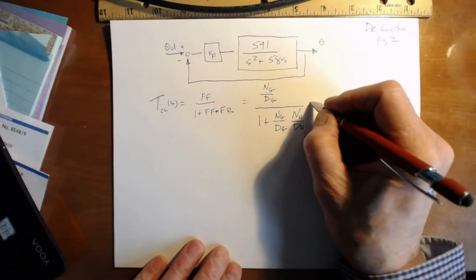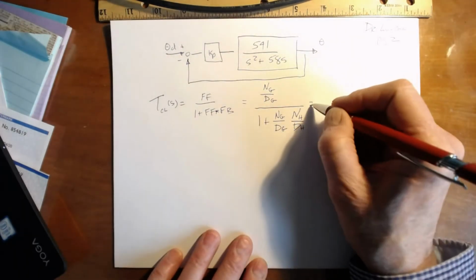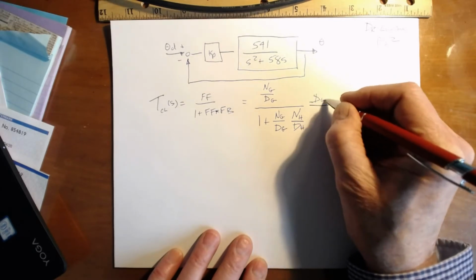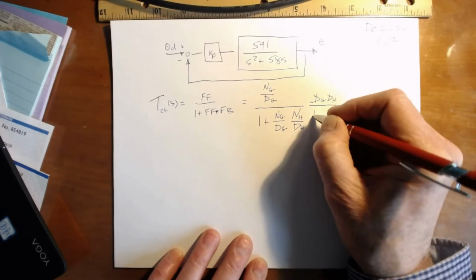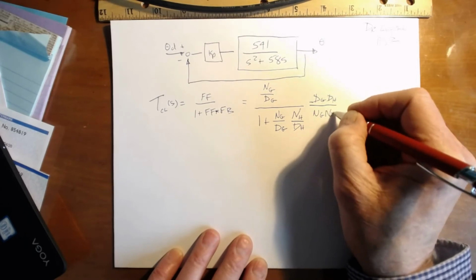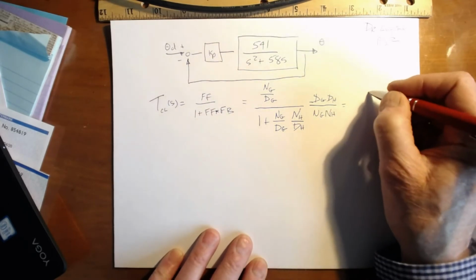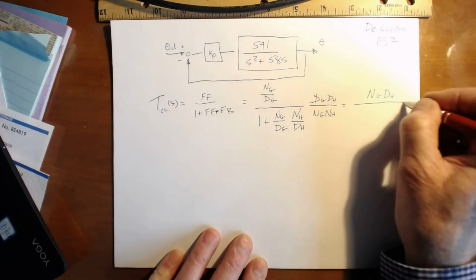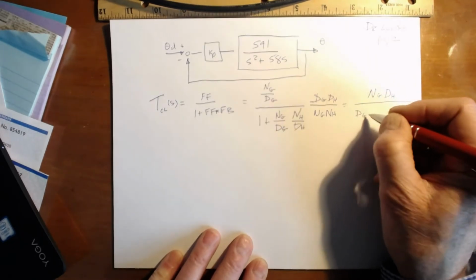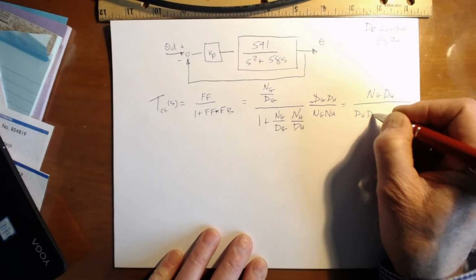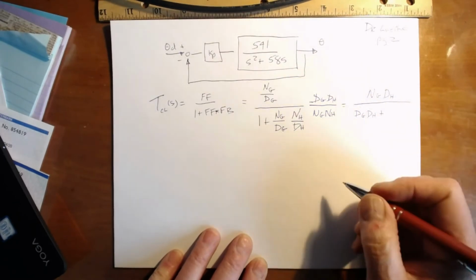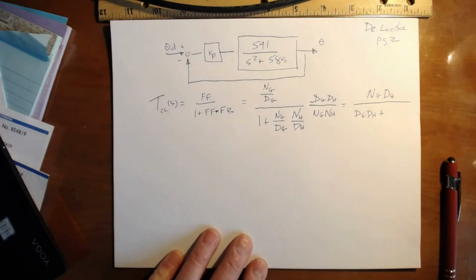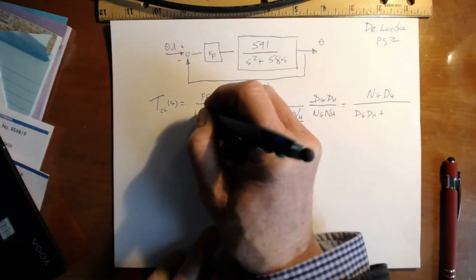And then what we can do is, again, let's clear that fraction. We'll multiply by the denominator of g, denominator of h, numerator of g, numerator of h. And that's going to give us the numerator of g times the denominator of h, divided by the denominator of g times the denominator of h, plus, and one thing that people sometimes do, and I think it's probably worth doing here, is to put a Kp here.